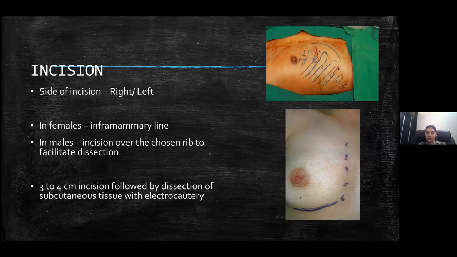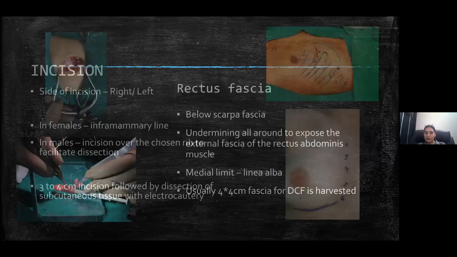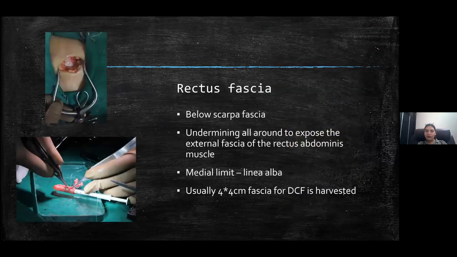We usually prefer to take the incision right over the eighth or ninth costal cartilage, and we should also place it a little medially so that we can also harvest the rectus fascia. Usually a 4 by 4 centimeter rectus fascia is sufficient to create the fascial sleeve or the fascial bag.